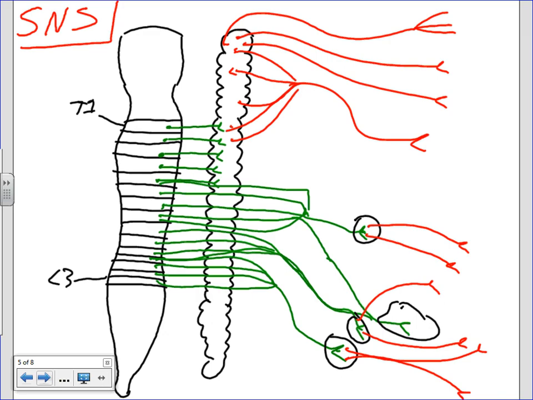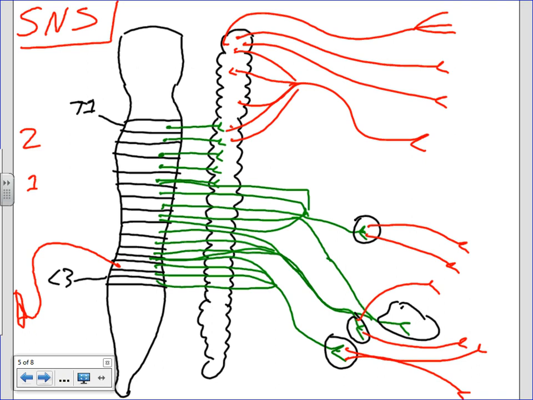One of the big differences between the autonomic nervous system and the somatic motor neurons that make skeletal muscles contract is that the autonomic operates in two neuron pathways, whereas a somatic motor neuron going to a skeletal muscle is a single neuron. You'd have a cell body within the spinal cord, more towards the ventral horn, and then the axon branches all the way out to the muscle it innervates.